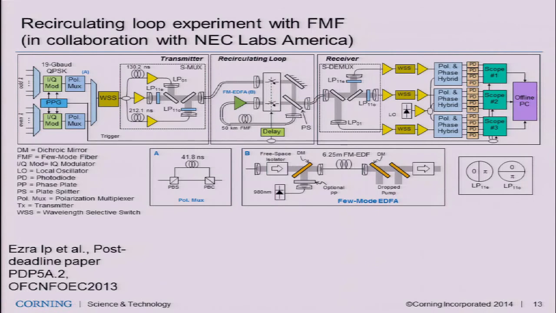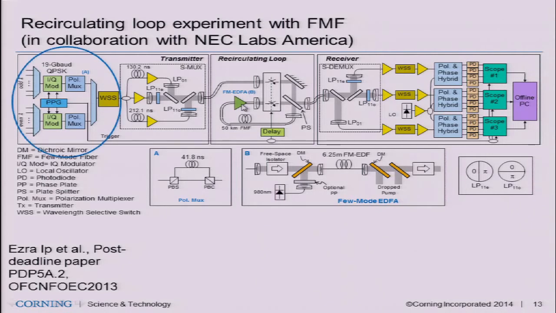Okay, so using the transmission fiber and the EDFA fiber, again, we did an experiment in collaboration with NEC. This is the experimental diagram. We have 50 kilometer few-mode fiber together with few-mode EDFA.